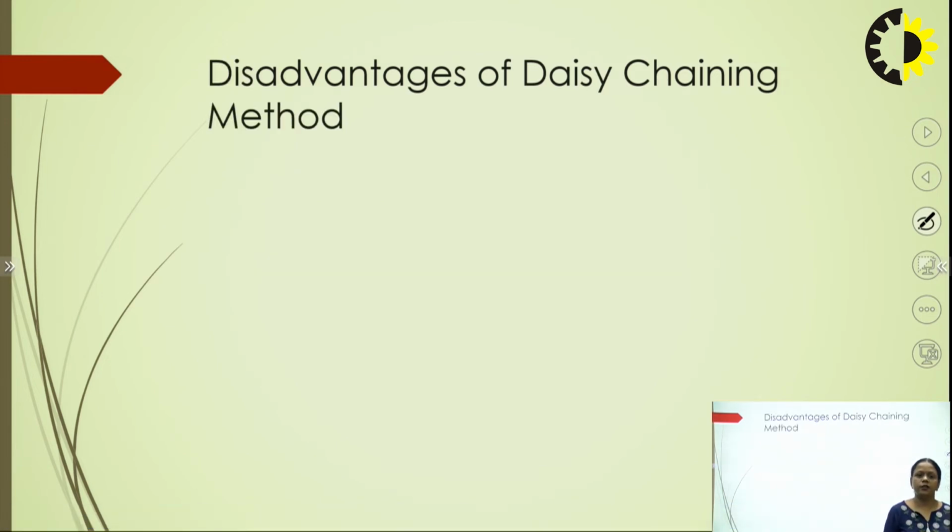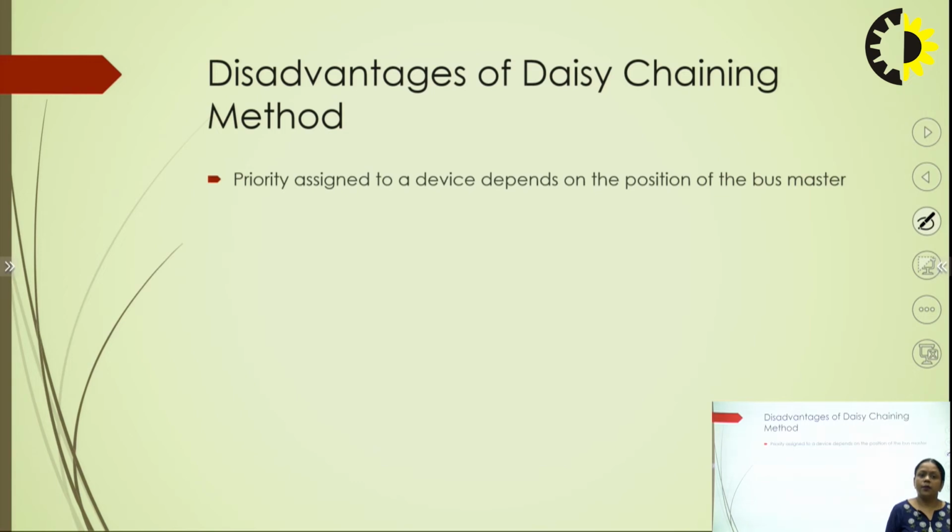Now the disadvantages of the daisy chaining method. The priority assigned to a device depends on the position of the bus master.